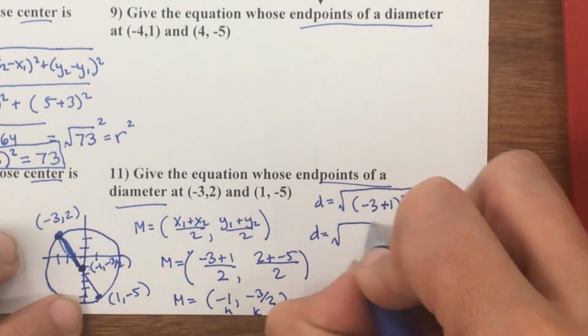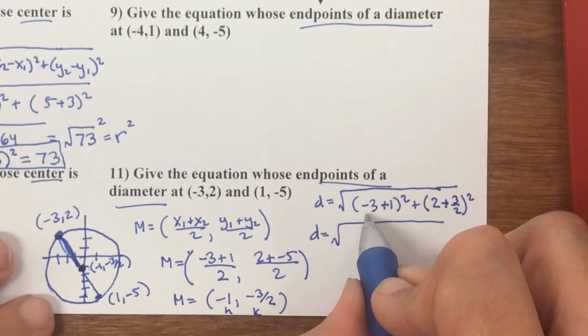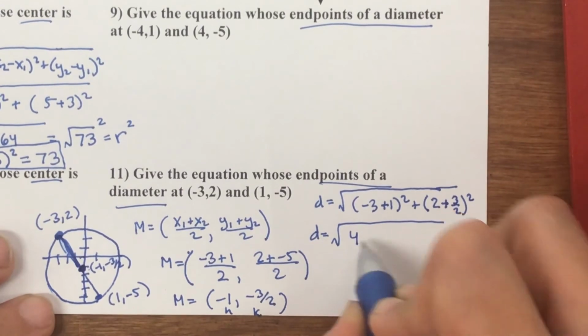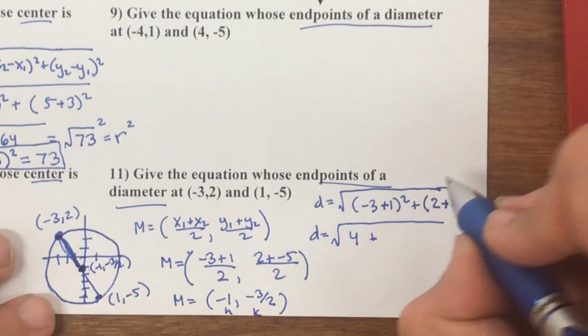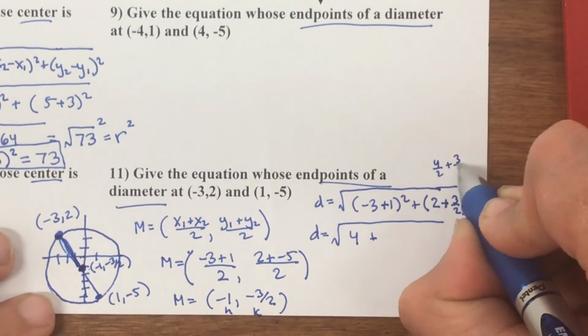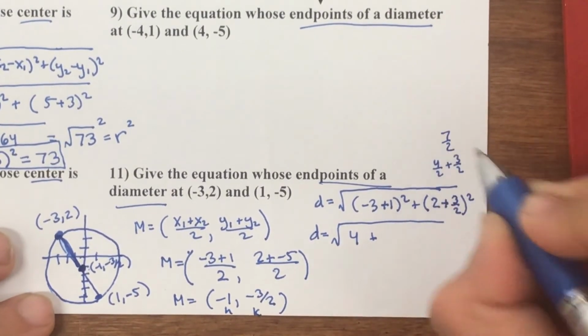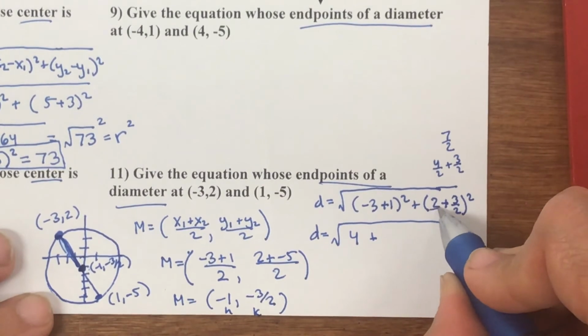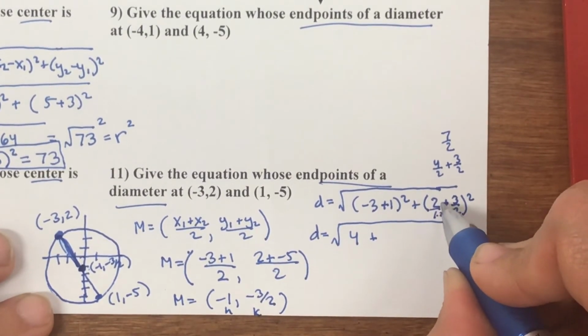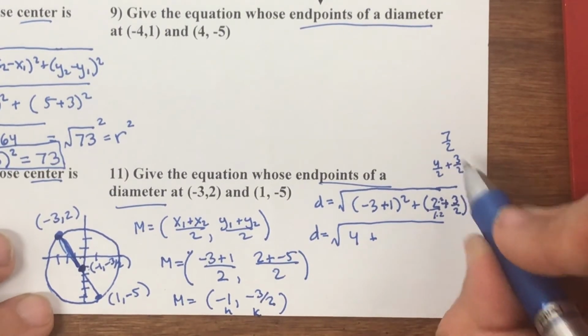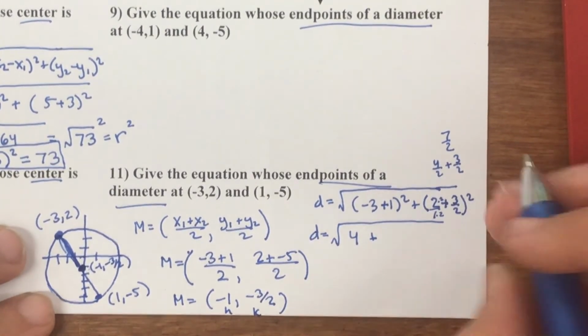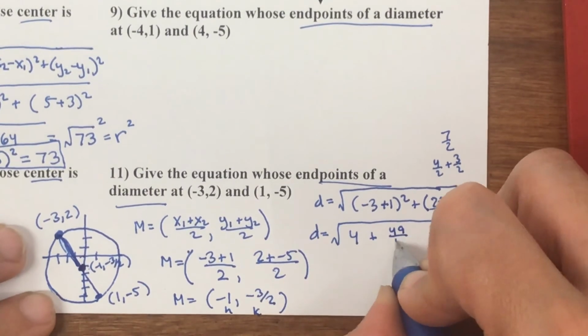And then that gives us, let's see, negative 2 squared would be 4, plus, this gets a little messy, this 2, I'm going to think of it as 4/2 plus 3/2 is 7/2. If I get a common denominator of 2, then that's 4/2 plus 3/2 adds up to be 7/2. But then when you square that, we get 49/4.